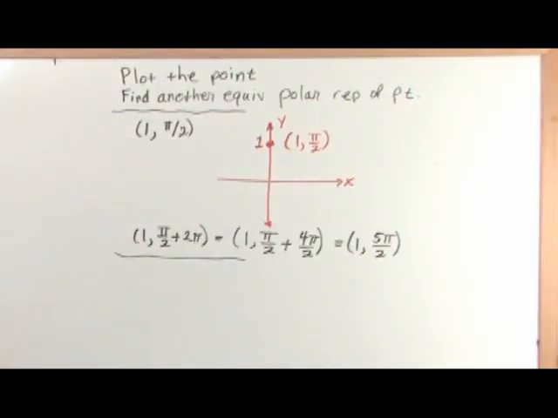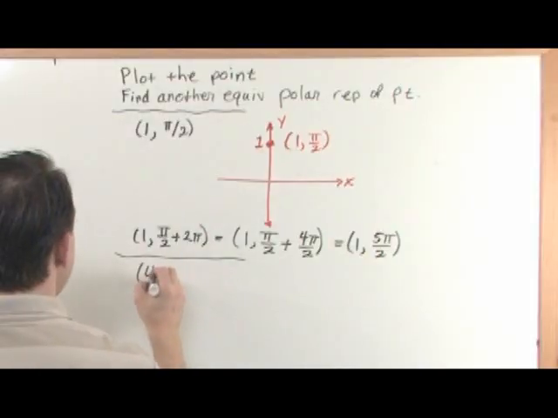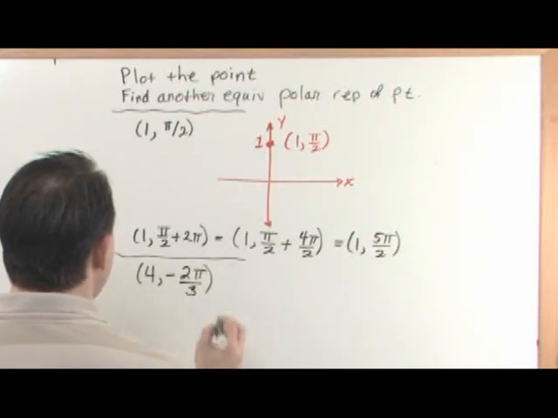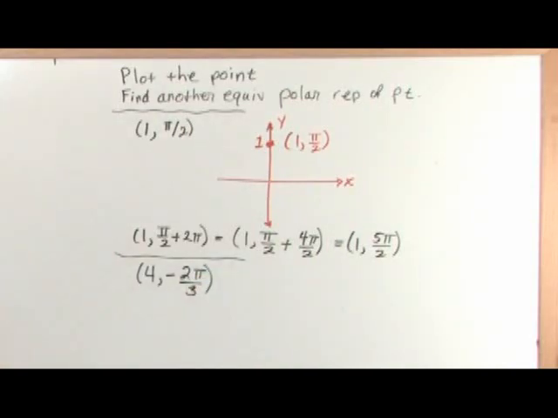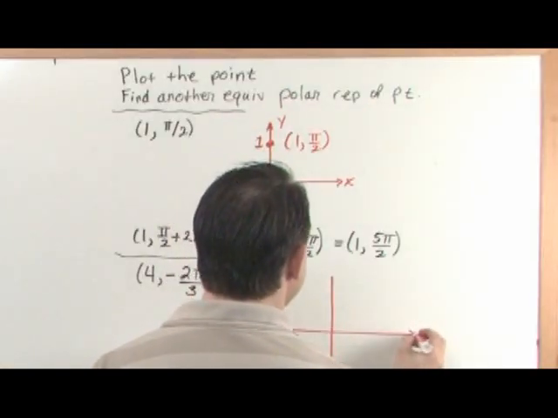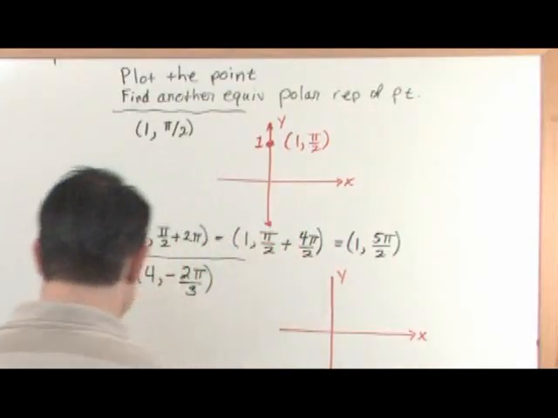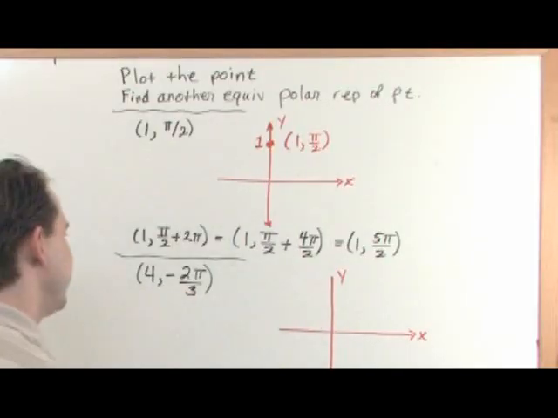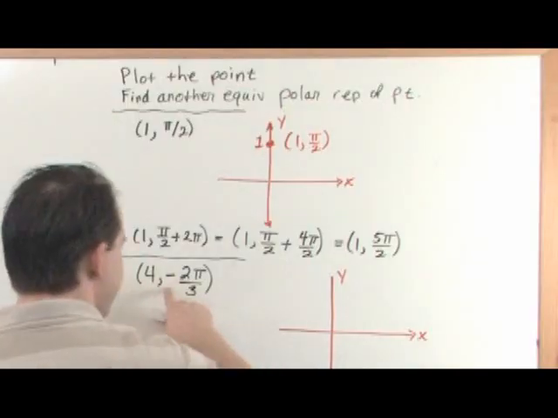So what if I were given a point that's 4 comma negative 2 pi over 3, and I wanted to plot that point? That's the polar representation of a point. Well, if I draw my coordinate axes here, x and y, then I need to start looking at negative 2 pi over 3. Now remember, any multiple of pi over 3 is going to be like 60 degrees. And it's negative, so we're going to start going this way.